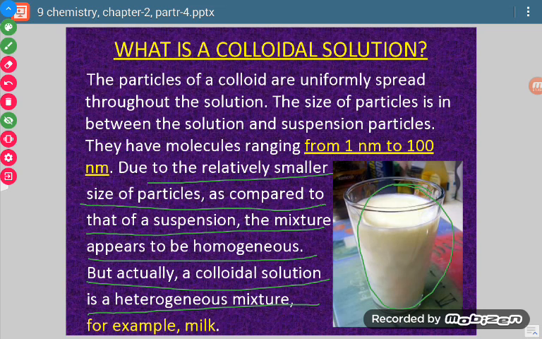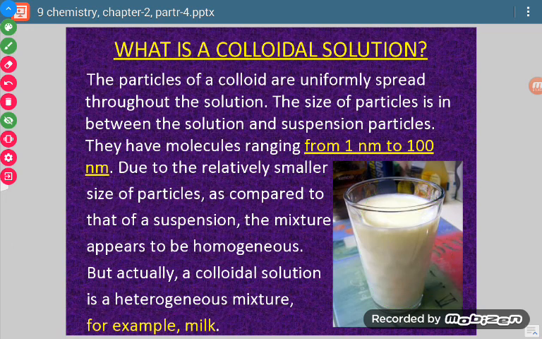Whatever the density of liquid here, the same density will not be at this place, because the particles of size 1 nanometer to 100 nanometer are pulled towards the center of earth by gravitational pull. So this portion becomes more dense and this portion becomes less dense. The difference is not too much and we cannot observe it in a common way, but it is still there.